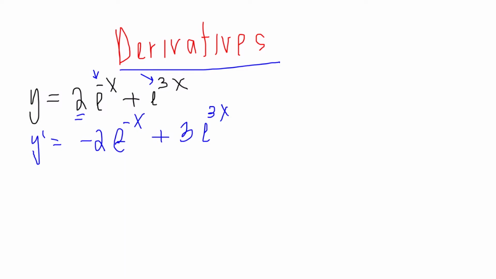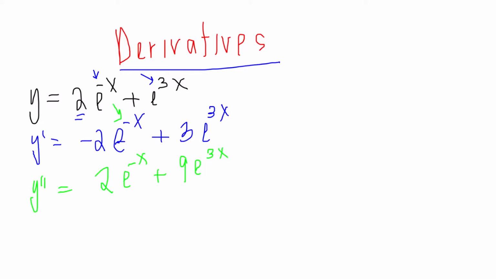Okay, so let's say we want to find the second derivative. Here the same thing, what we will do is we are going to multiply that number before the x with the number before the exponential. So it becomes 2, because negative 1 times negative 2 is 2 e power negative x, the same thing. And here also 3 times 3, that is 9 e power 3x. I guess you must have seen the pattern, and that is it.